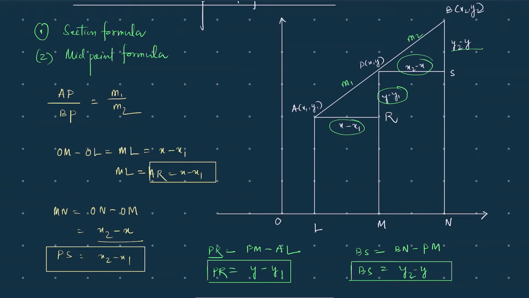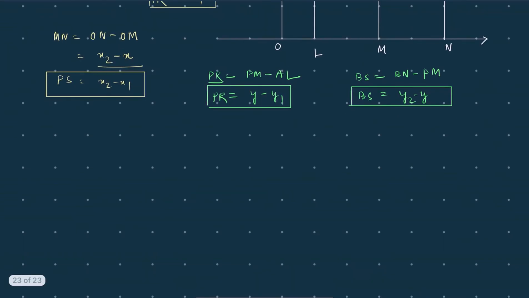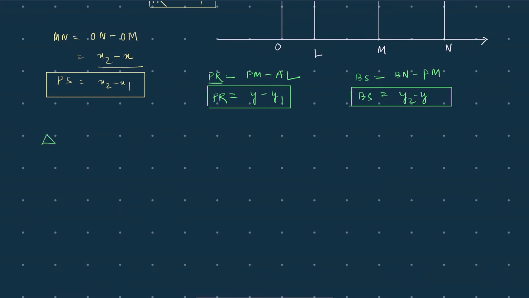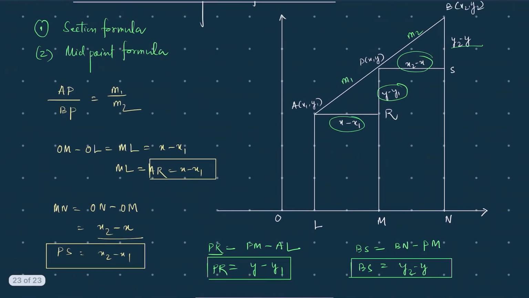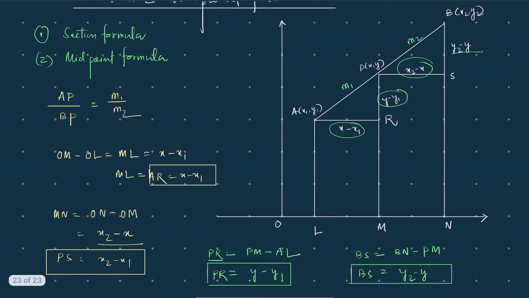You can see here there are two triangles. One triangle is PAR, another triangle is PBS.